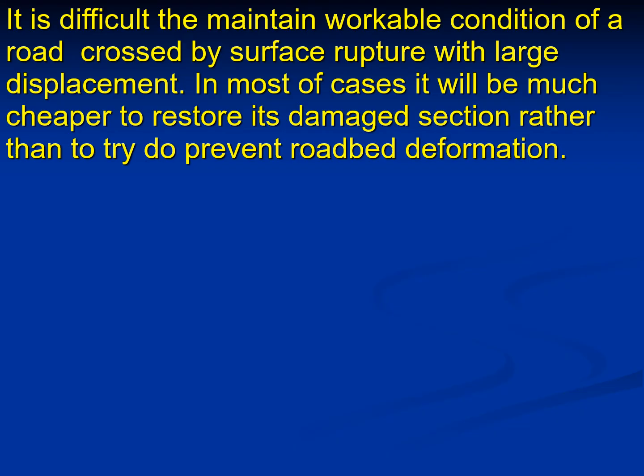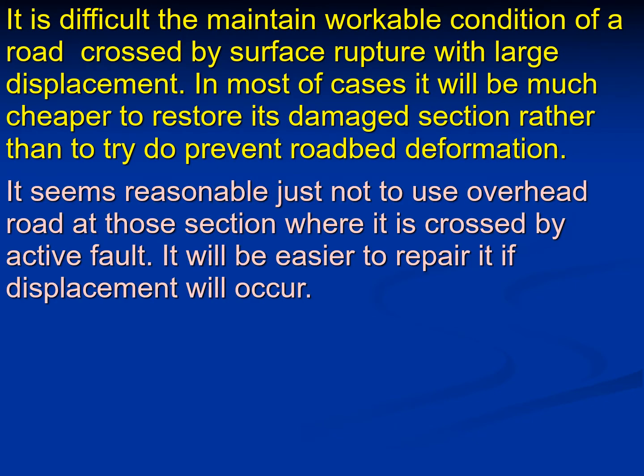It is difficult to maintain workable conditions of a road crossed by a surface rupture with large displacement. In most cases, it will be much cheaper to restore the damaged section rather than to try to prevent roadbed deformation.